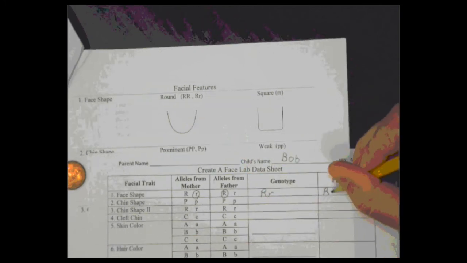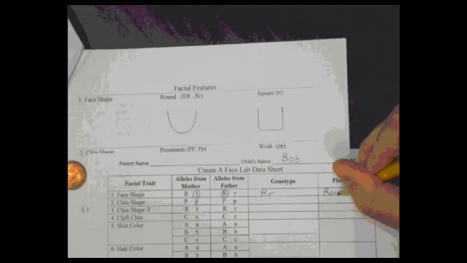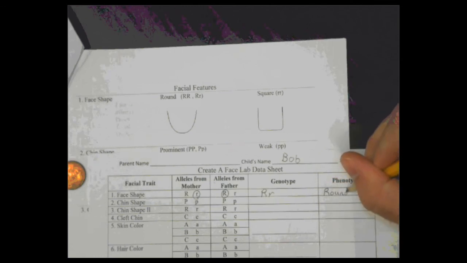So under phenotype, we're going to write round. You're going to continue this pattern for the rest of the facial traits. And when you get to the end, make sure to answer the questions at the end before you start working on drawing your child.